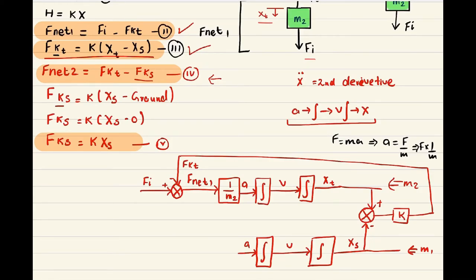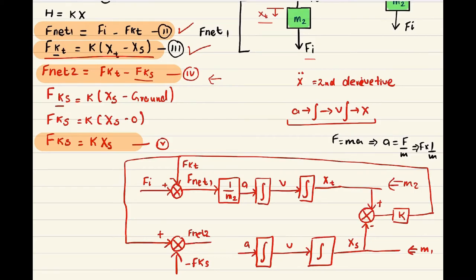So I'm just gonna put this one here, and let's send these, we having minus Fks, and this Fkt will go exactly the same way here, which is positive. Now let's figure out that this is equal to Fnet2.